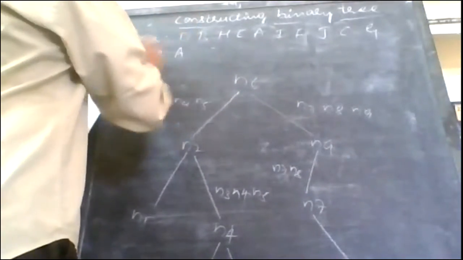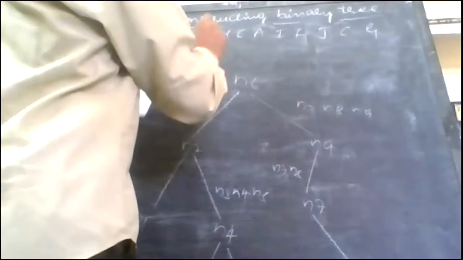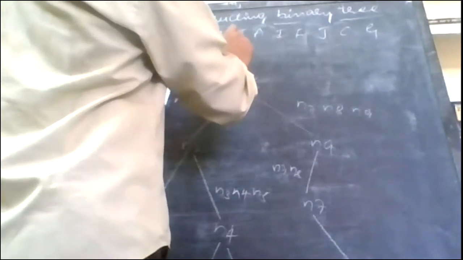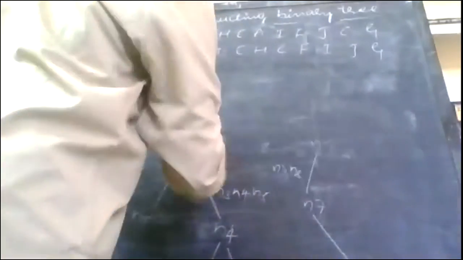Here it is pre-order, not post order. Pre-order: A, B, D, E, H, C, F, I, J, G. So we'll construct this binary tree now.